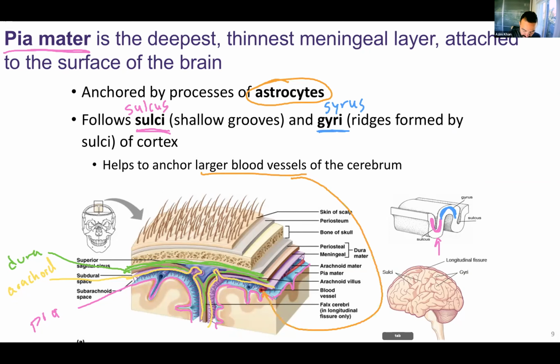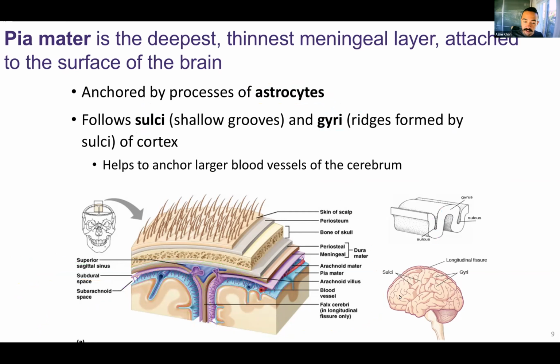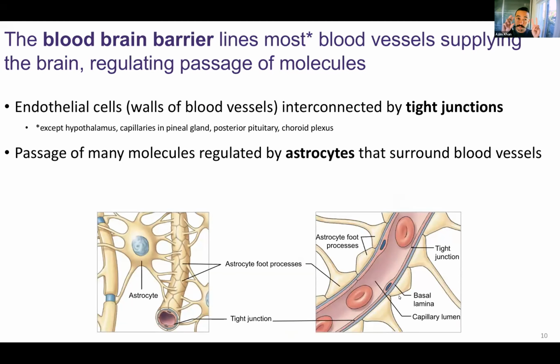You see blood vessels here anchoring down, also with the help of the arachnoid. Together, the pia mater with these astrocytes, why they cover every single little wrinkle of the brain, what they're doing, they're helping create a blood-brain barrier.